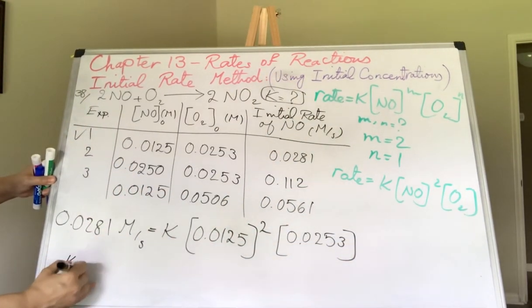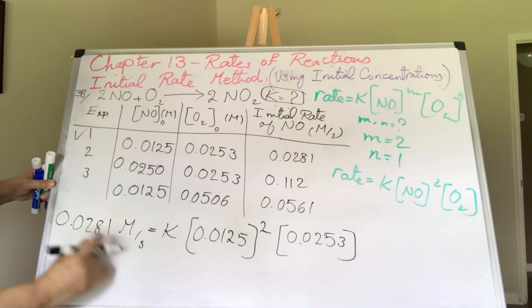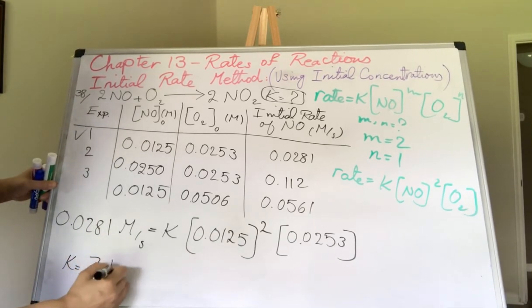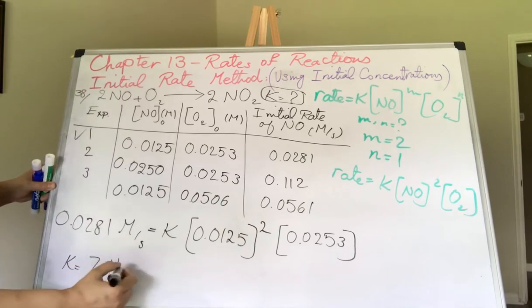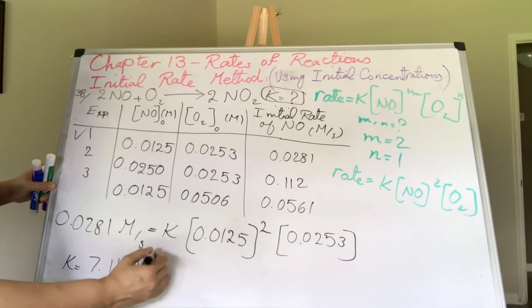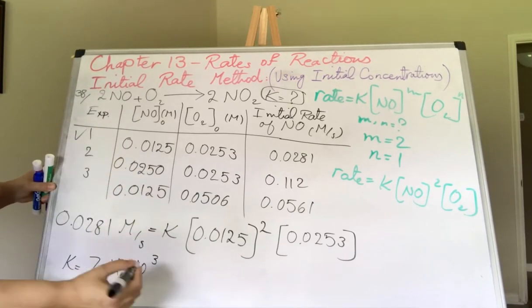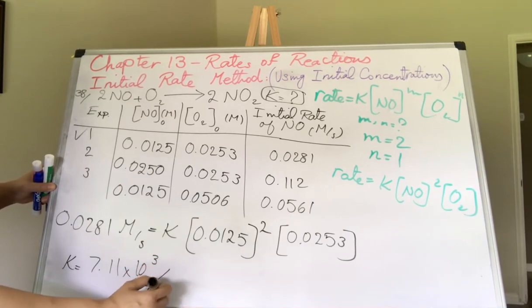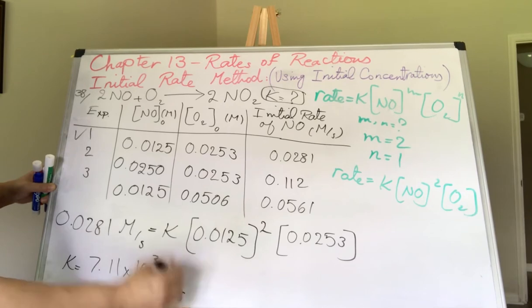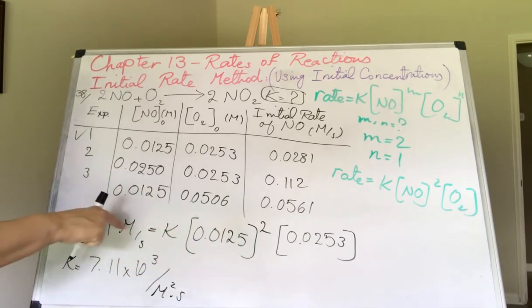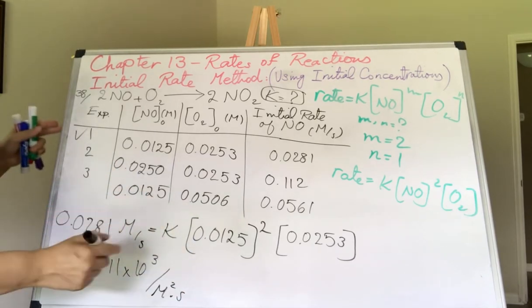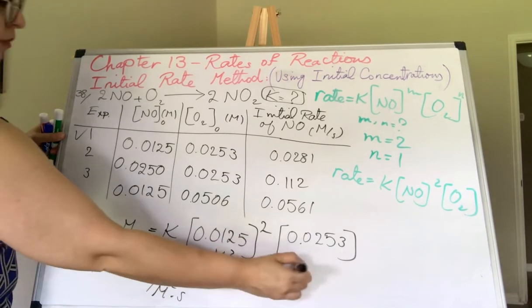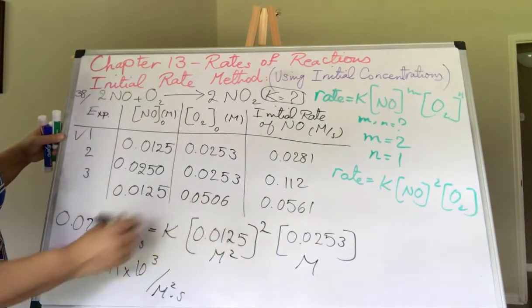So K is equal to, after you calculate it, 7.11 times 10 to the third, and it would be per molar square second. Why? Because this is molar per second, and here you have molar square times molar, so you have molar cube.